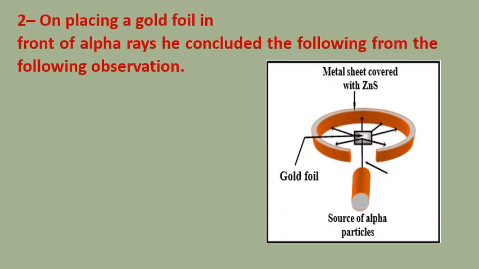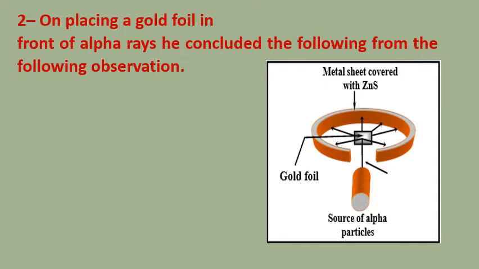In this figure, when he placed a gold foil in front of the alpha rays, he made many observations. Let's see the observations of Rutherford's experiment.